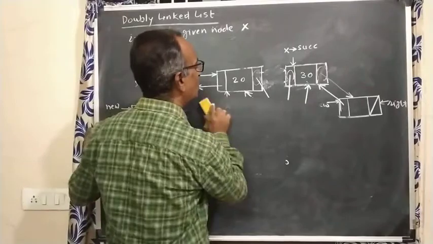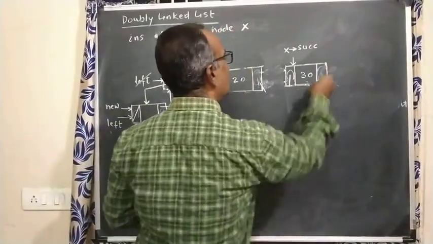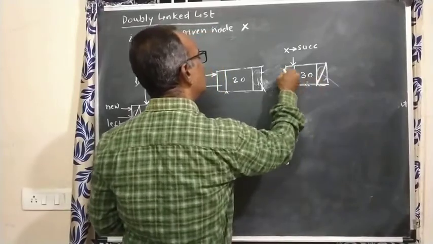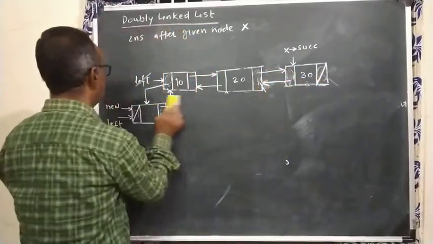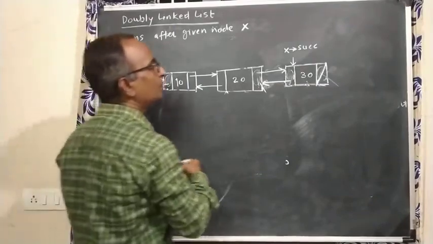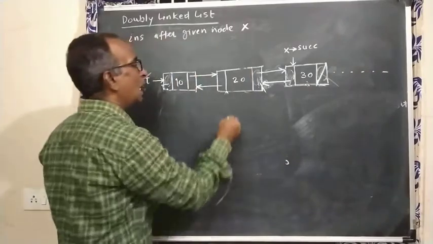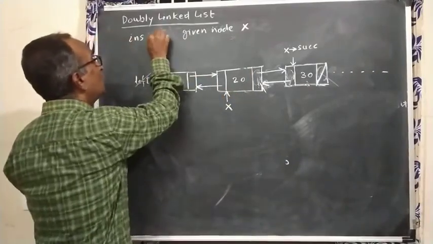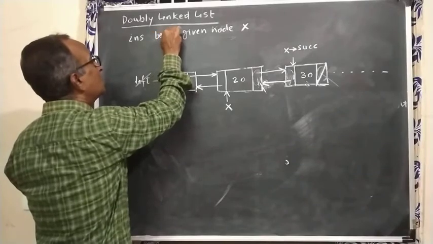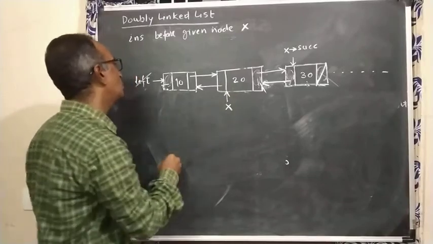I'll wipe this out, it is clumsy, so for clarity's sake, I'll redraw this. Suppose there are many nodes here. I have been given X, and I want to adjust pointers before the given node X. Before this I want to insert.